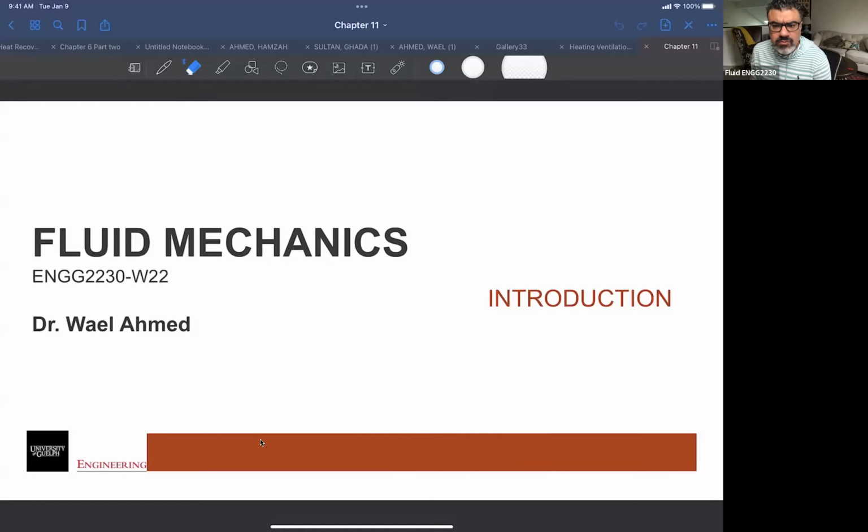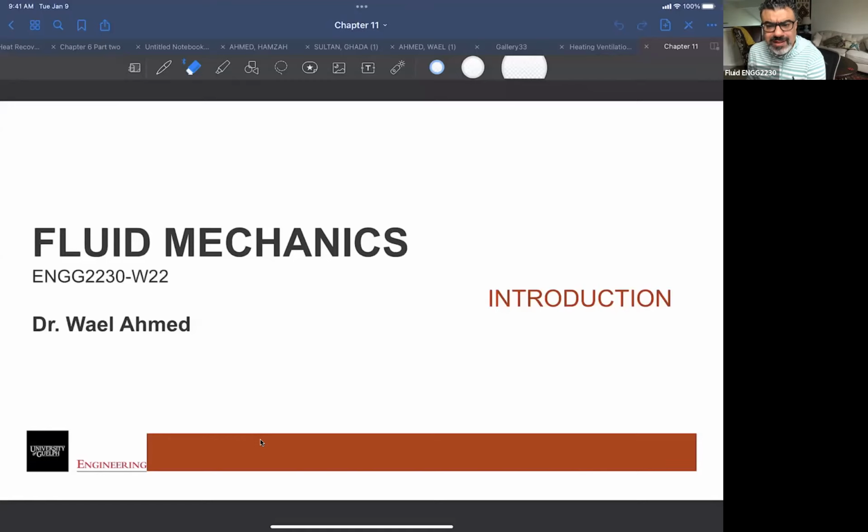Okay, there are two types of fluids, as we discussed at the beginning of this course: gas and liquid. If we are dealing with gases, we need to look at, for example, compressors that are used to drive fluids, or if we are dealing with power generation, we look at gas turbines in order to generate power out of flow going around this equipment.